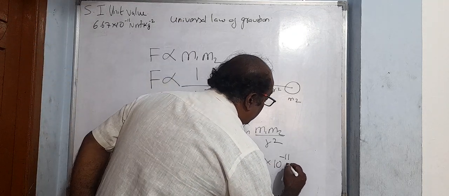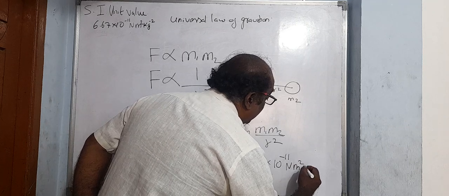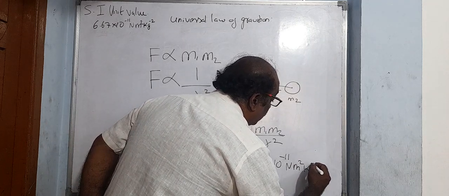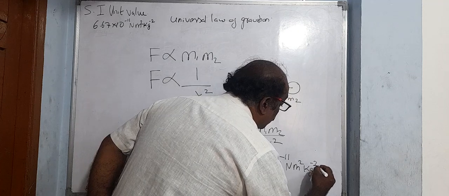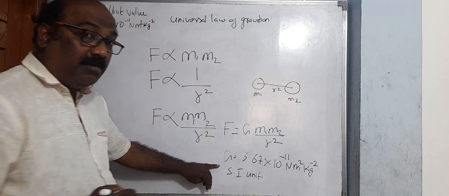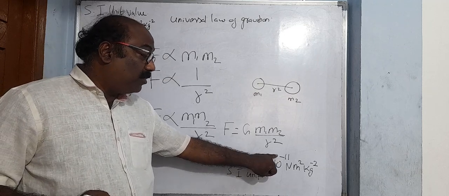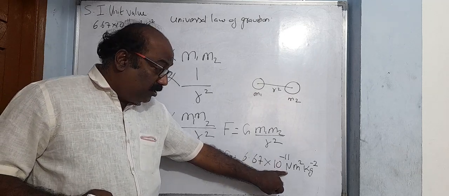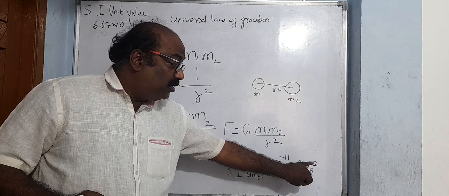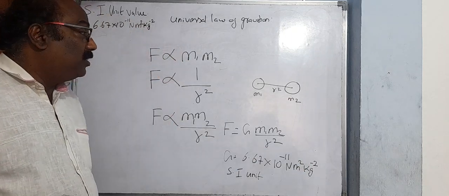The unit will be Newton meter square kg minus 2. Okay, once again I am telling you, G is equal to 6.67 into 10 to the power of minus 11 Newton meter square kg minus 2. This is an SI unit.